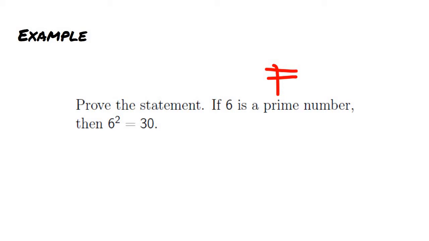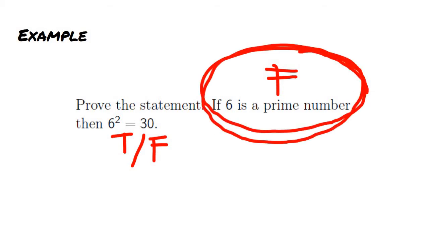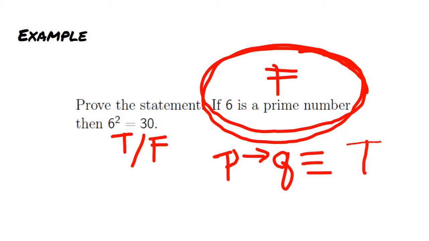So no matter what the consequent is, whether this is true or false, by vacuous proof, since the first statement is already false, false implying Q, or the consequent, is automatically true. So this is by vacuous proof.